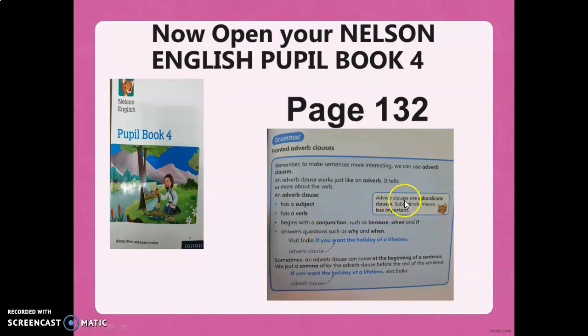You need to always bear in mind that adverb clauses are subordinate clauses. Subordinate means less important. What does less important mean? It means it does not make sense on its own. It needs another sentence so that it makes sense. If I say just visit India, this is the main clause, and it does make sense. I'm just telling you, visit India.